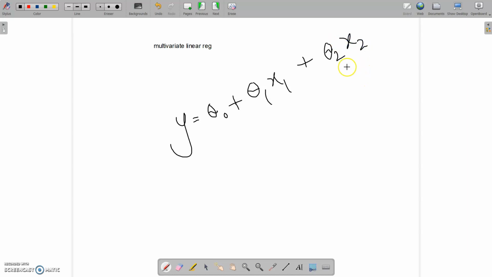This x2 is your second feature and this is its coefficient. Then say for example theta 3 x3, the 3rd feature and the 3rd coefficient. You can also have something like theta 4 x2 x3.